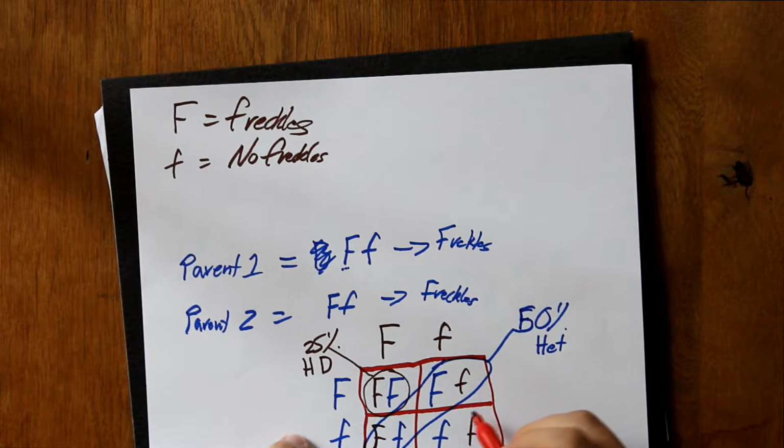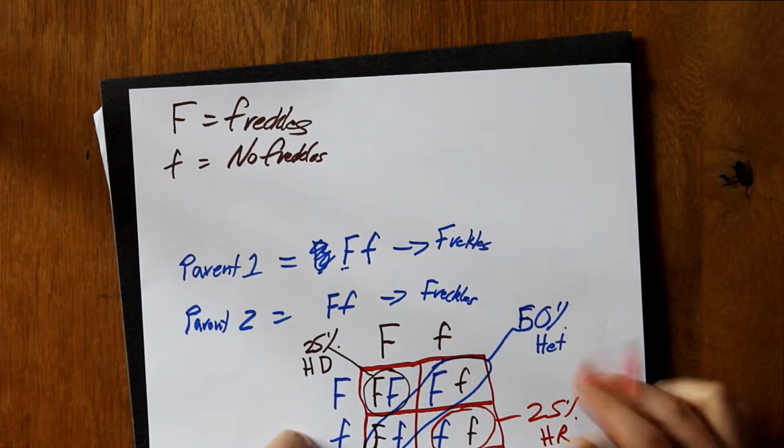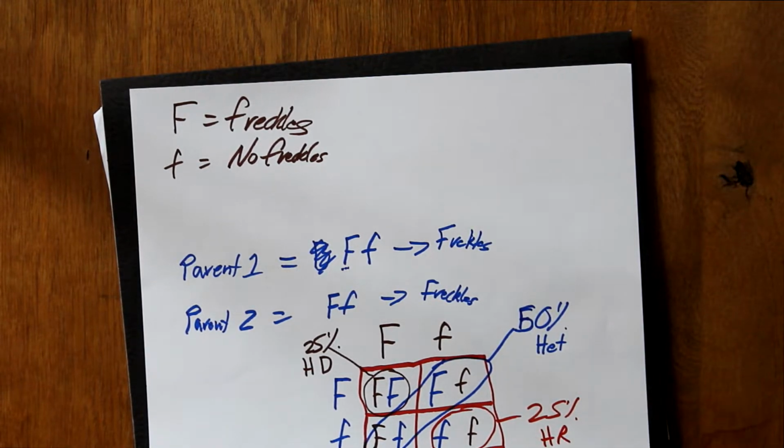And then a 25% chance of producing a homozygous recessive. That being said, both these parents have freckles, but they're also both carriers, they're both heterozygous.